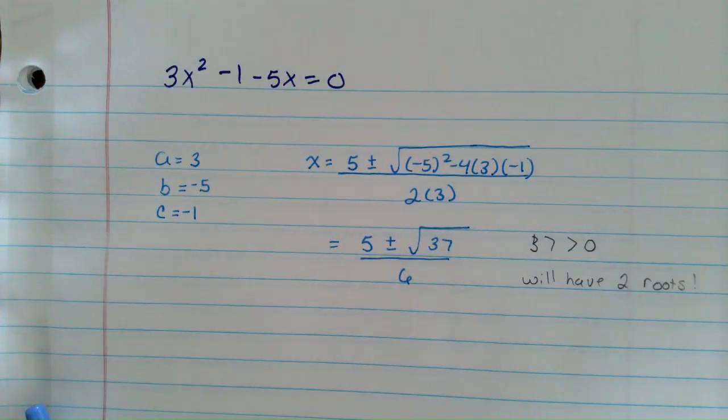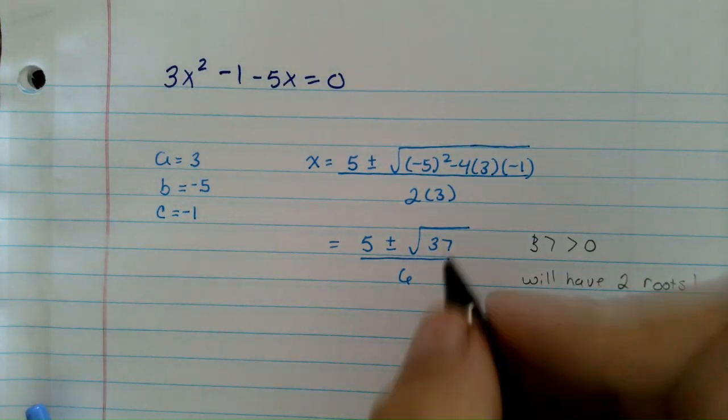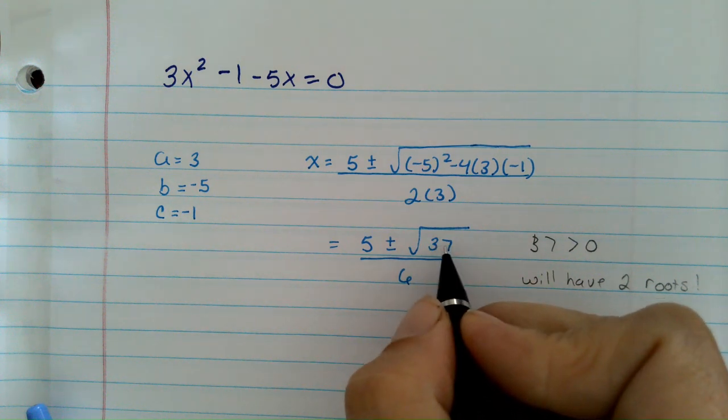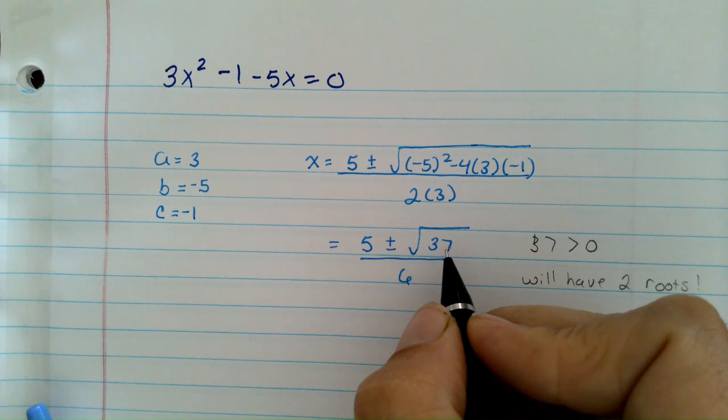Okay, 1 at 5 plus this root 37 over 6, and 1 at 5 minus root 37 over 6. I like leaving them in this format because they're exact answers and I don't have any rounding. Anytime your discriminant reduces, though, you have to reduce your discriminant. You cannot leave these fractions unreduced.